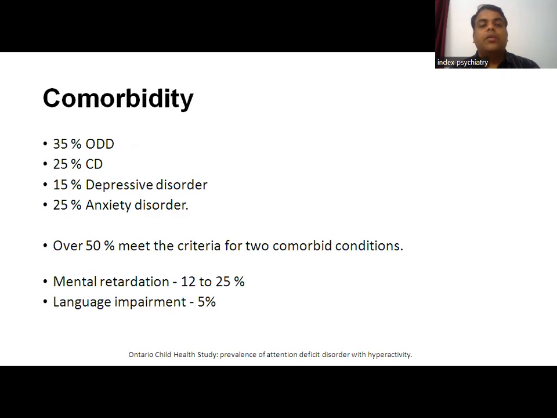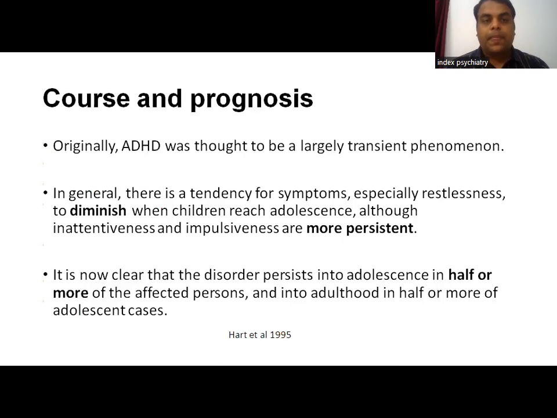Regarding comorbidity, 35% is ODD, 25% CD, 15% depressive disorder, and 25% anxiety disorder. Over 50% meet the criteria for two comorbid conditions. Intellectual disability is 12 to 25%, language impairment 5%.